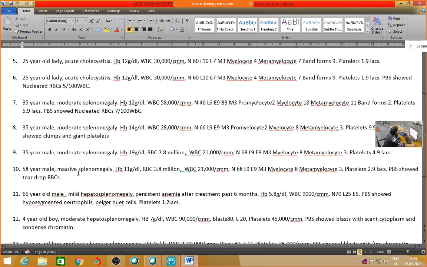And if it is in blast crisis, you need to find out what type of blast crisis it is. Because in chronic myeloid leukemia with blast crisis, if the blast cells are myeloblasts, the treatment is like acute myeloid leukemia. If the blast cells are lymphoblasts, the treatment will be like acute lymphoid leukemia.